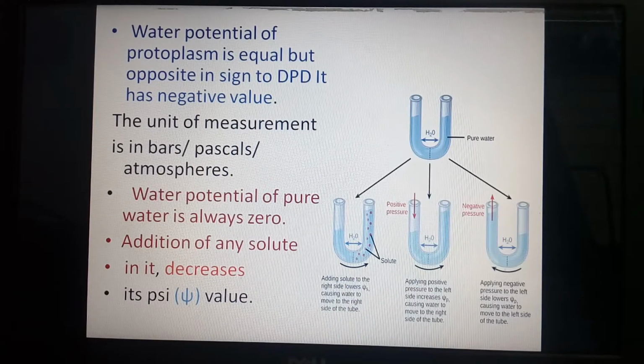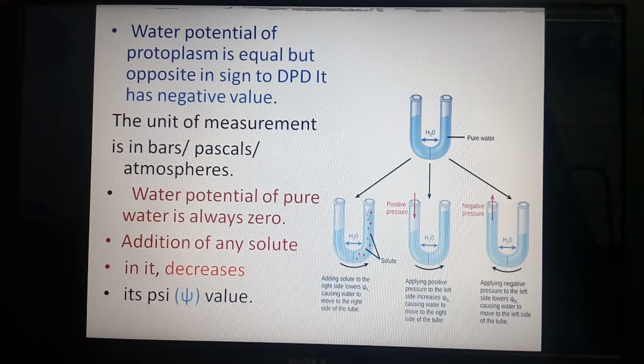Here you can observe the pure water is shown, and when we add the solute particles to this pure water, you can observe the pure water started to move towards the solute particles, from the pure state towards the solution state. So you can observe the water moves towards the right side.